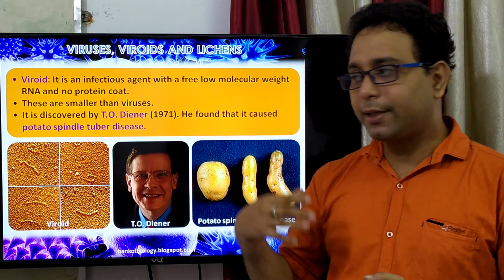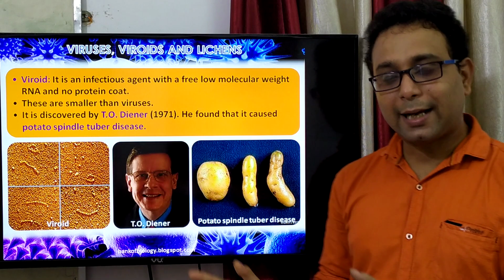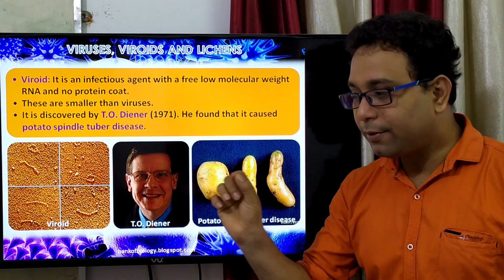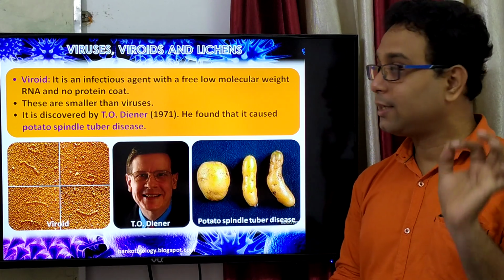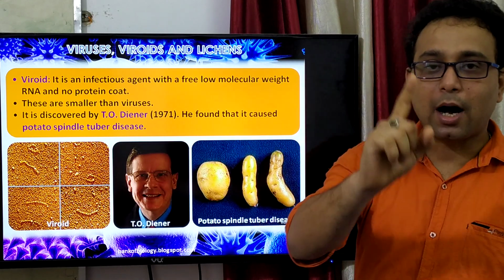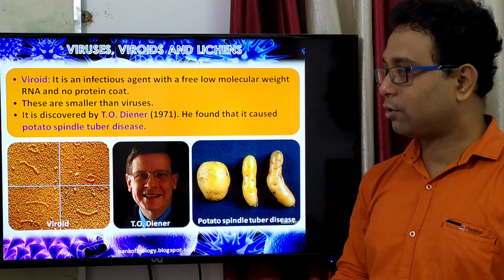So we cannot define it as a virus because it has no protein coat. So Diener gave the name viroids. Viroids means free low molecular weight RNA, no protein coat, right?